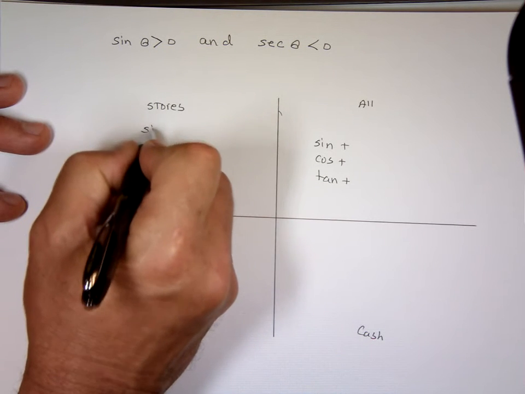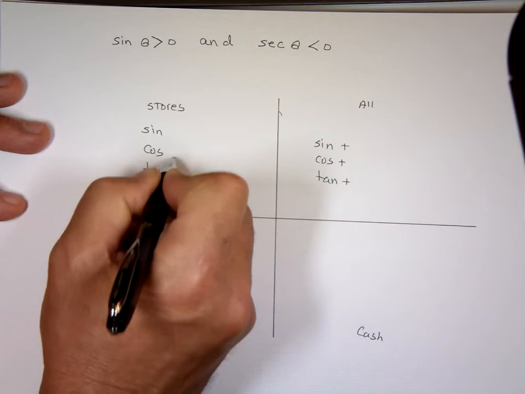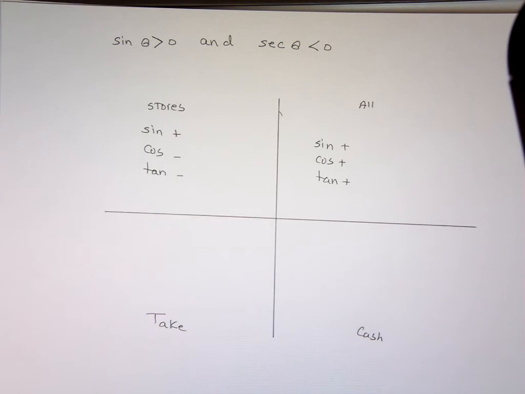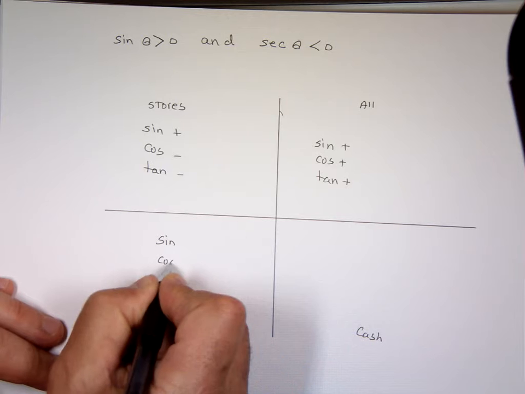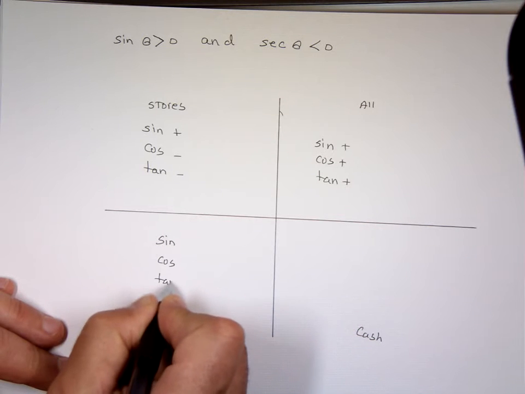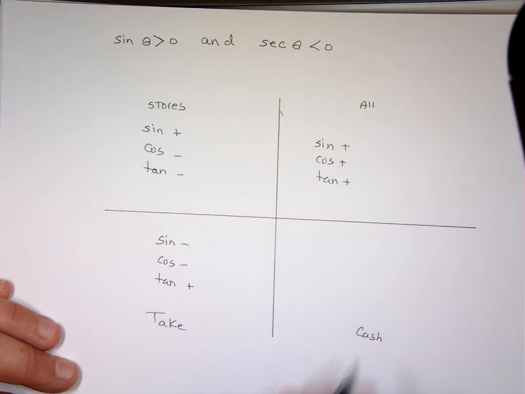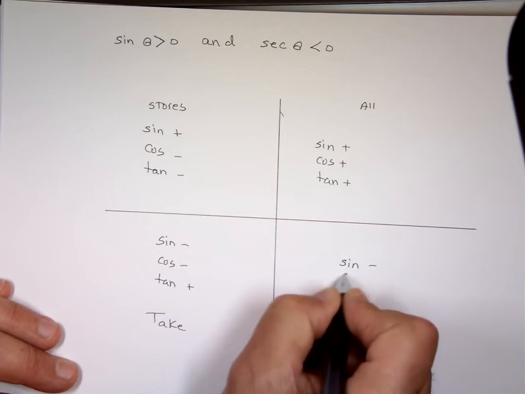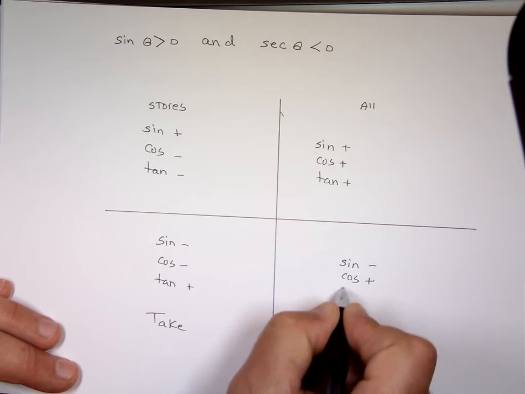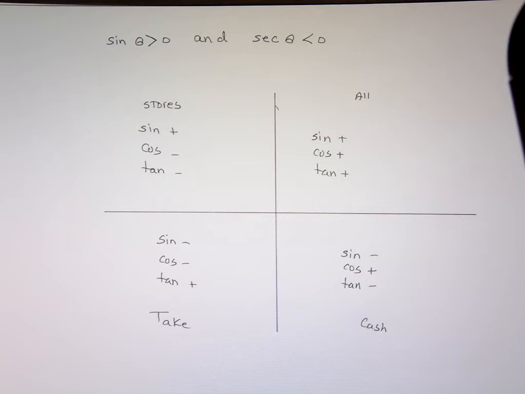Sine, cosine, tangent, negative, negative, positive. Here, only the tangent is positive. These two are negative. Here the cosine is positive. All stores take cash.